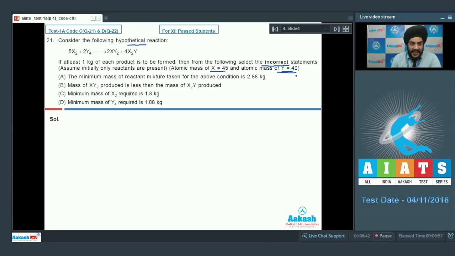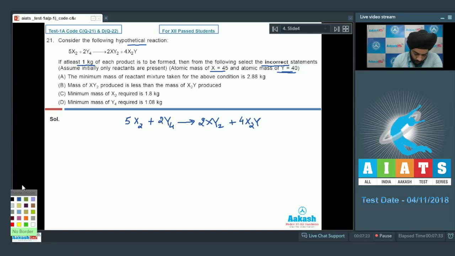So the examiner is interested in knowing the amounts of the reactants which we have to take if at least 1 kg of each product is to be formed. So if we look at the reaction stoichiometry now, 5X2 plus 2Y4, they combine and give us 2XY2 plus 4X2Y.